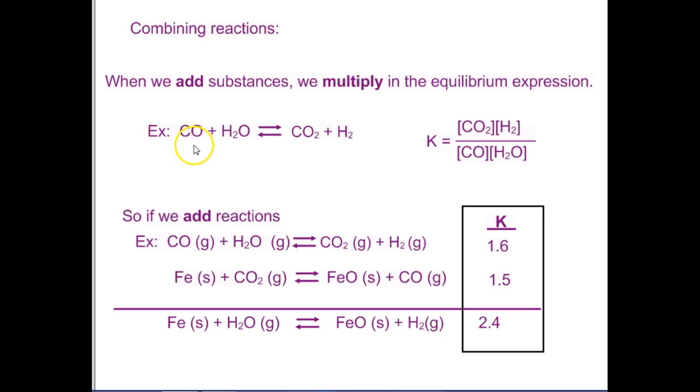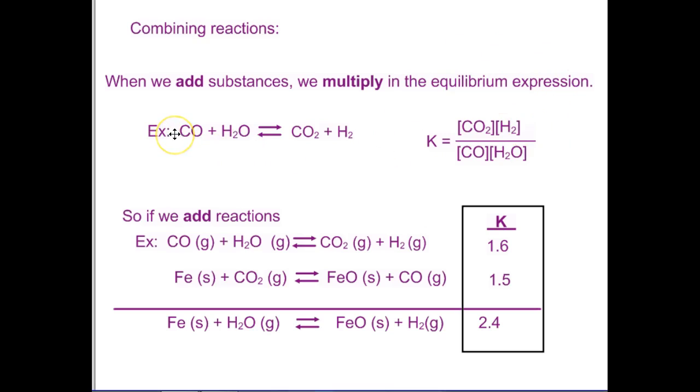Here I have carbon monoxide and water making carbon dioxide and hydrogen gas. If I add 2 substances in the reactant side, they turn out to be multiplied in the denominator. If I add 2 substances in the product side, they're multiplied in the numerator of the K expression. If I added another chemical over here, it would end up multiplied over here.